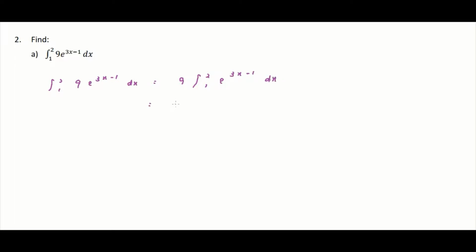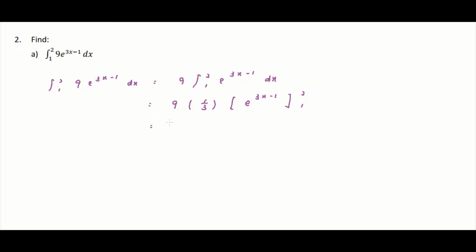Okay, so when we integrate, you got 3 for the derivative, so you will have 1 over 3 outside. Then after that, e^(3x-1), and this is going to be substituted into 1 and 2.